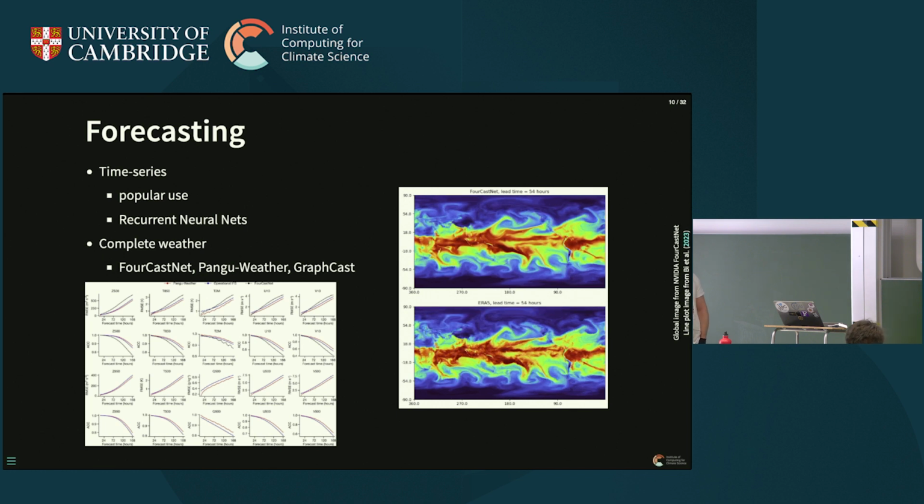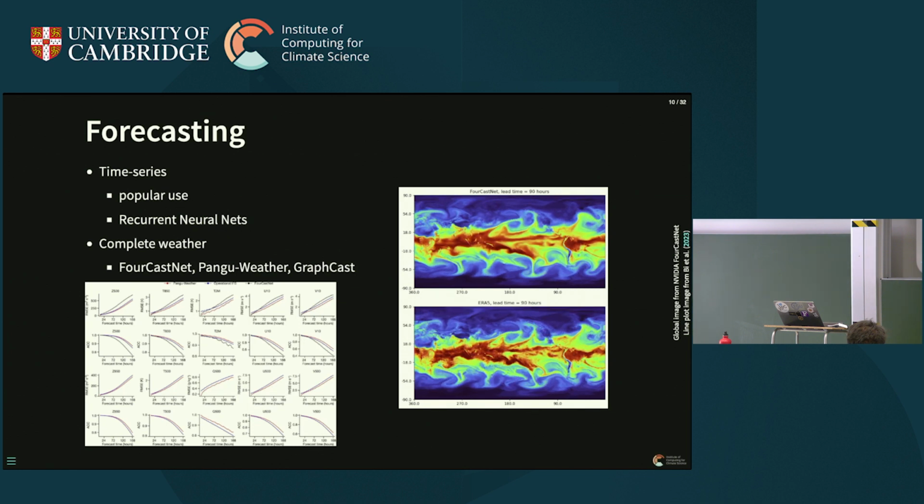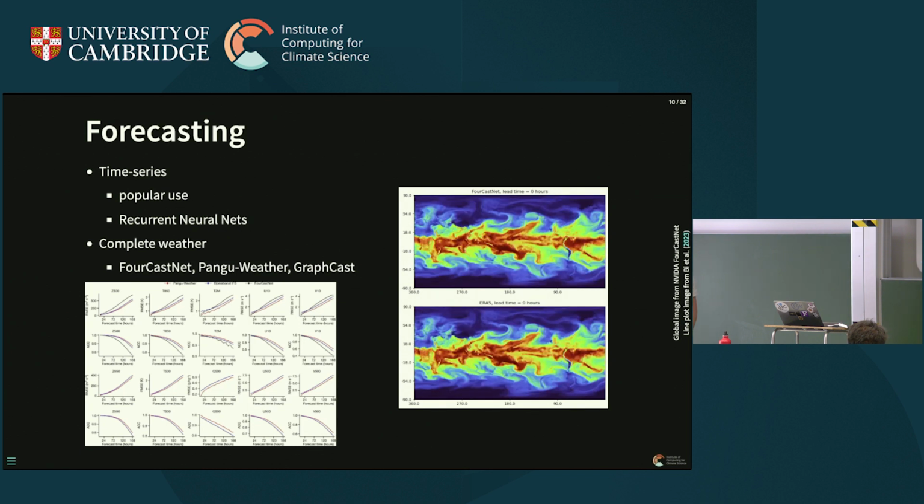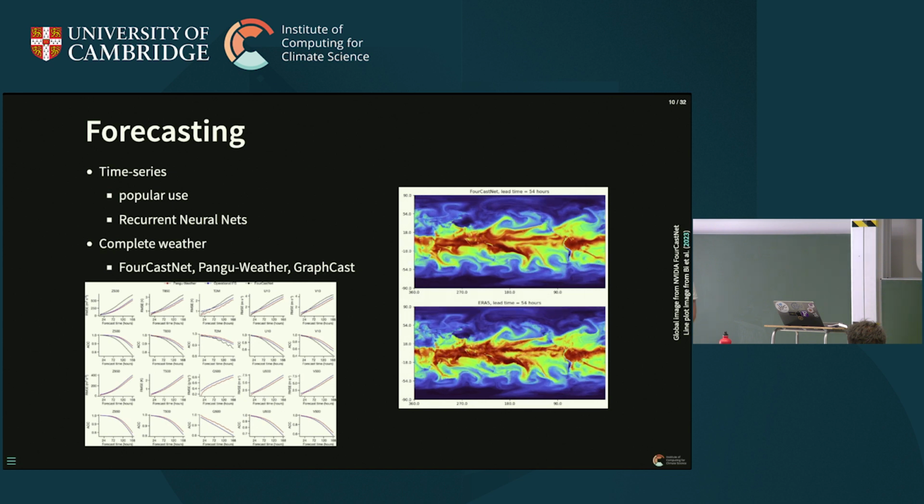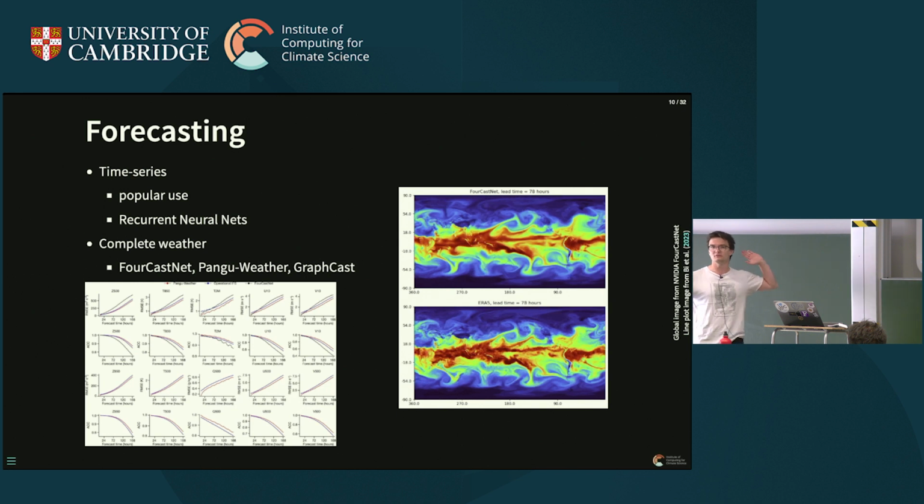And finally, we have complete weather forecasting. I will let you form your own opinions about this. This is where, rather than replacing individual bits of a model, the big players, so NVIDIA, DeepMind, Huawei, have basically built end-to-end, I'm going to do forecasting everything with a neural net.